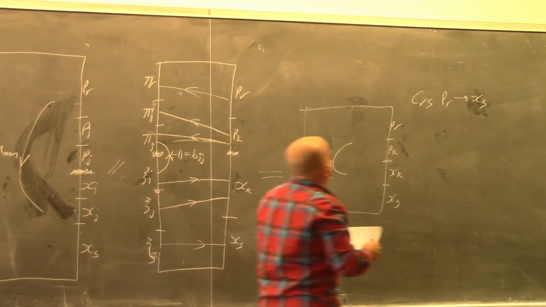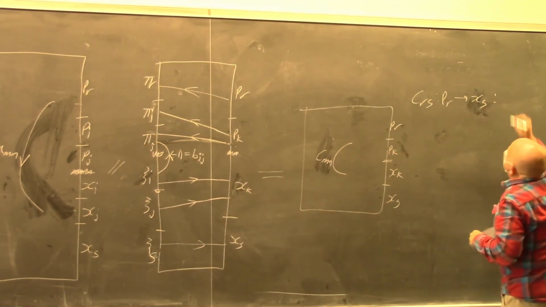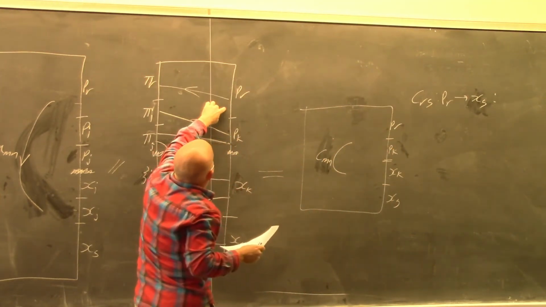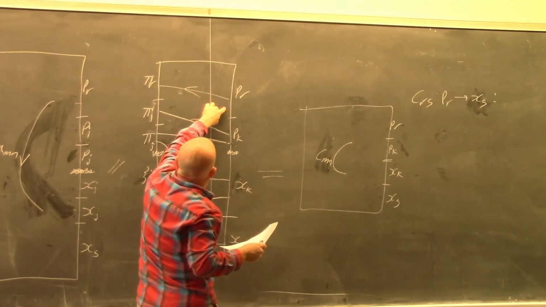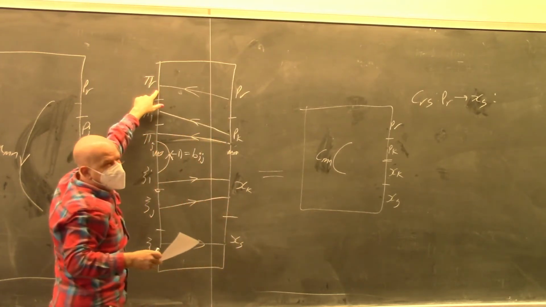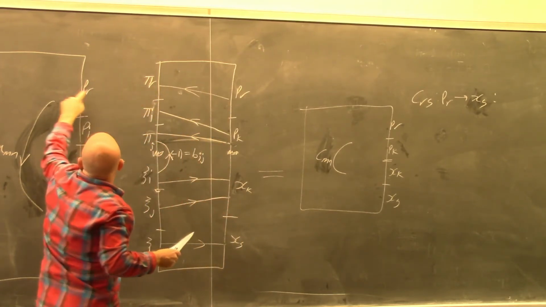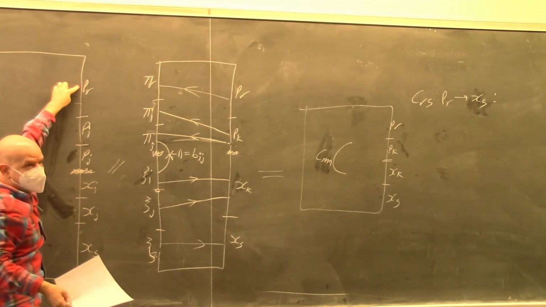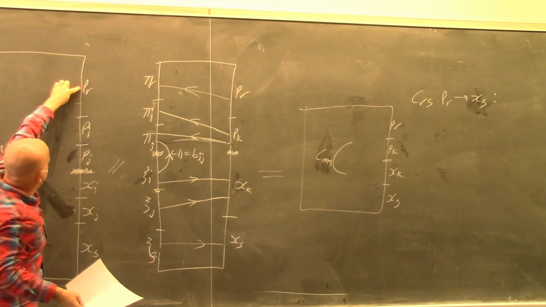Okay, so what is this? If I start with PR, how can I get to XS? I have to go to pi R, then it gets glued to PR again, and then there are two possibilities.